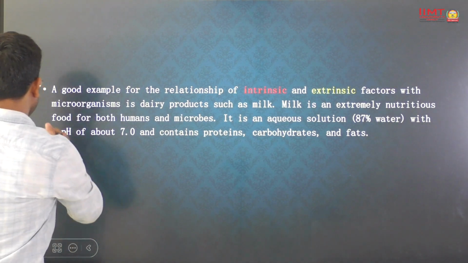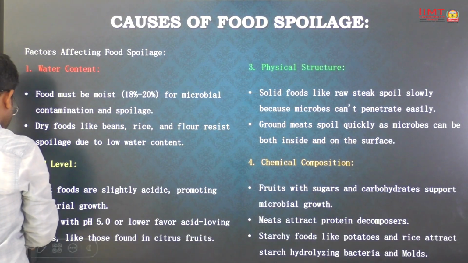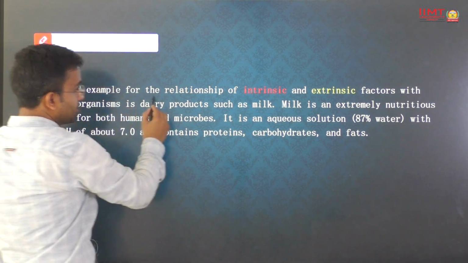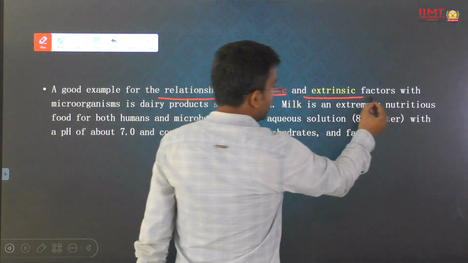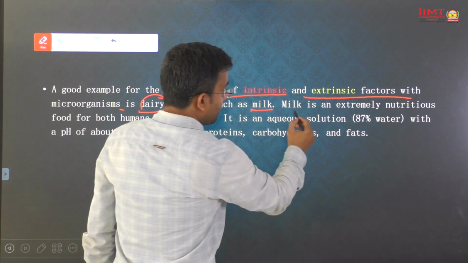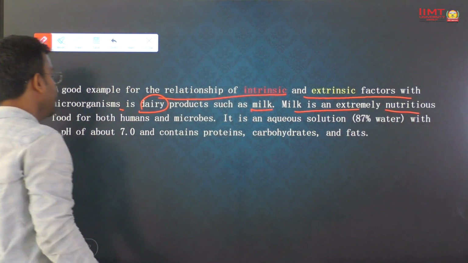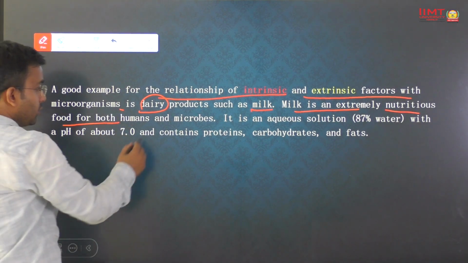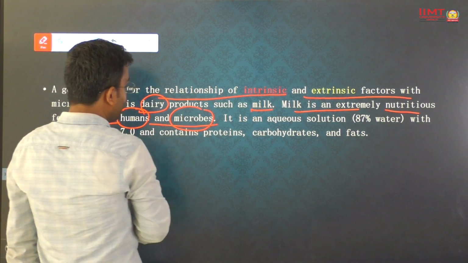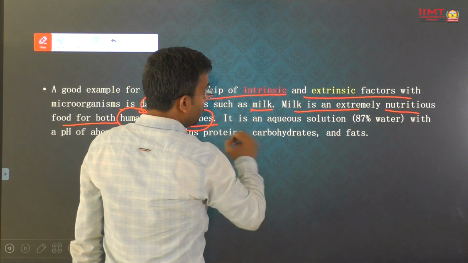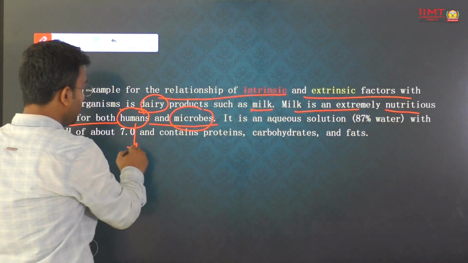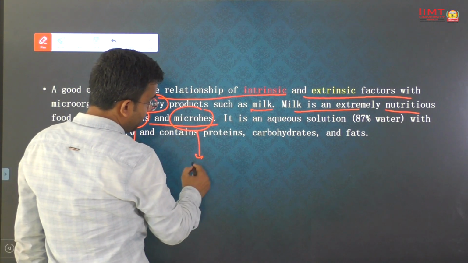So here is one good example of the relationship between intrinsic and extrinsic factors and microorganisms, in a dairy product such as milk. Milk is an extremely nutritious food for both humans and microbes. In humans it is for growth and development, and for microbes for survival.